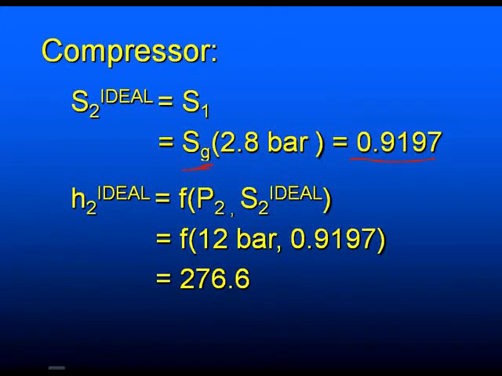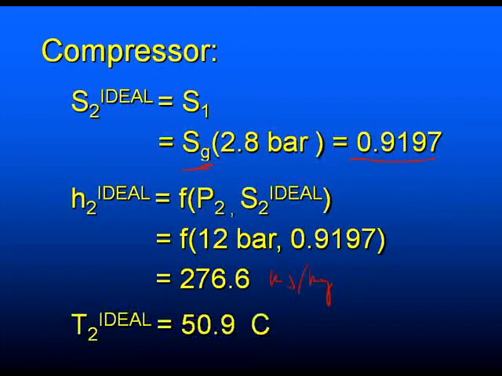We find that H2 is 276 kilojoules per kilogram. Using the same reasoning, T2 ideal coming out of the compressor is 50.9 C, so it's a little bit superheated relative to our condensing temperature of about 46.